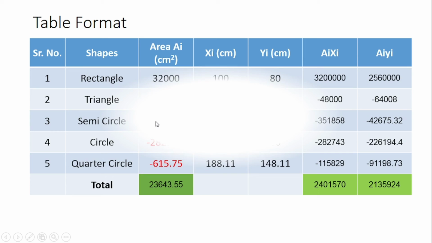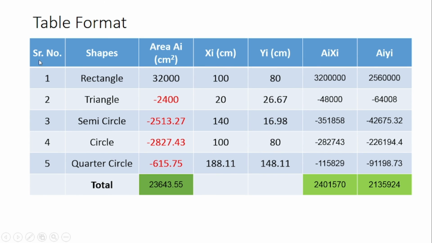Now we'll put this value in the table format. The first column of this table is serial number, then shapes, then area, then x bar, y bar, then multiplication of area into xi, at the end multiplication of area into yi. Since the unit is not given, no need to mention unit here.